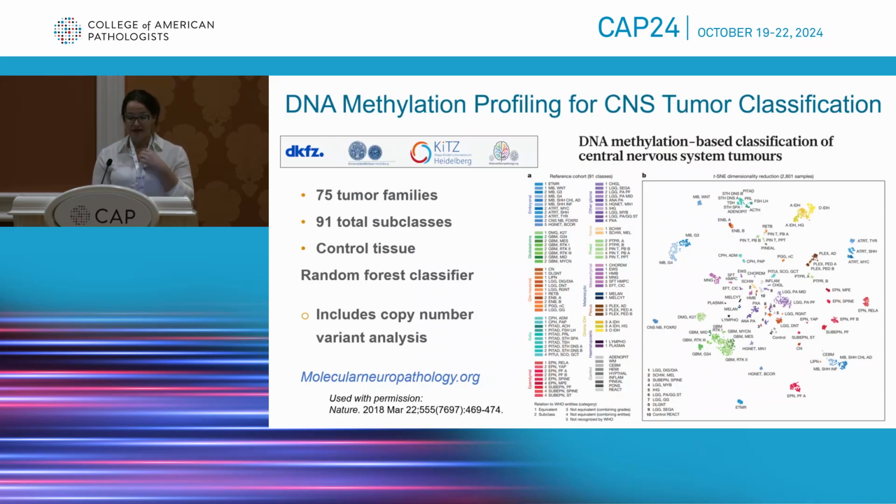But a big landmark in methylation profiling for CNS tumor classification came out in 2018 with this paper that many of you may be familiar with from the Heidelberg group in Germany. They took examples of all brain tumor types that were in the 2016 WHO classification, and they methylation profiled them and made this reference series that they used to train a random forest, which is a supervised machine learning classifier.